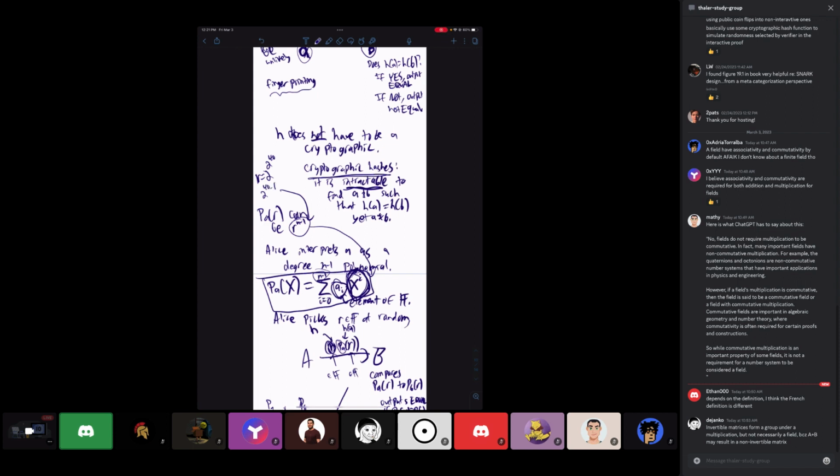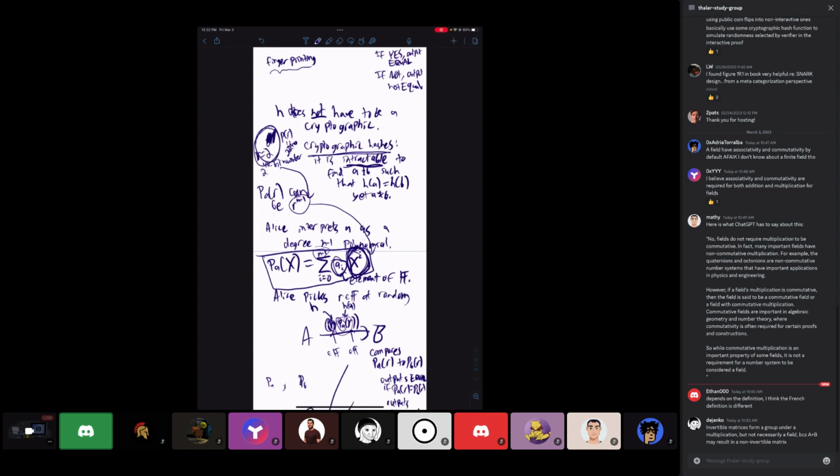This is a 2 to the 40 bit number, right? That is the number of zeros and ones required just to express this number. Sorry, R is 2, so P of R would be 2 to the 2 to the 40. Writing down the natural representation of that number is so much data that sending PA of R from Alice to Bob is almost as expensive as Alice just sending her whole vector to Bob.